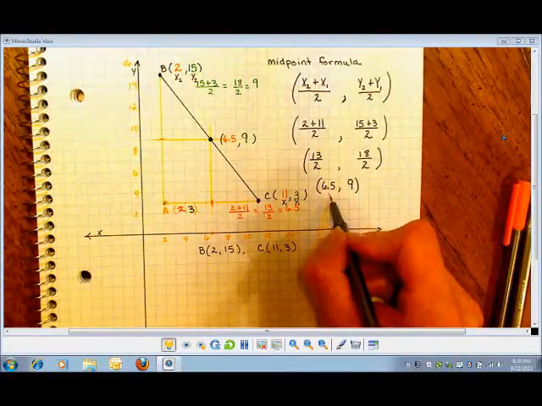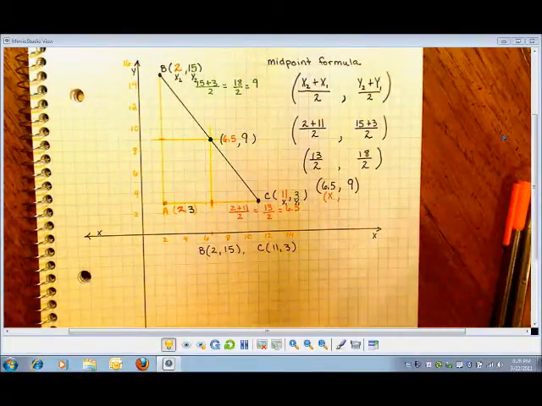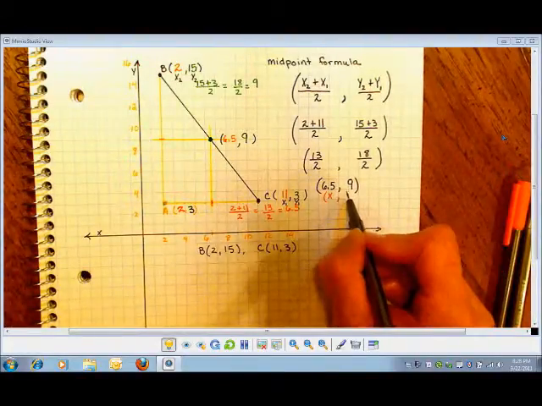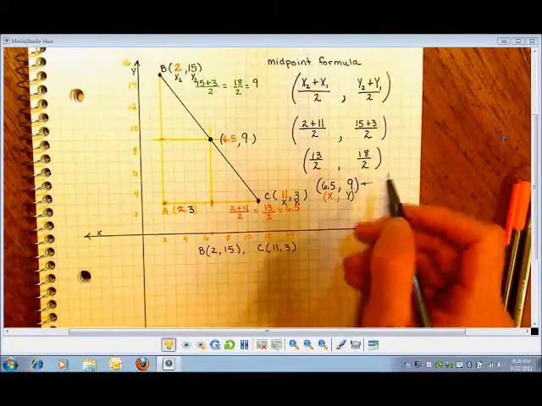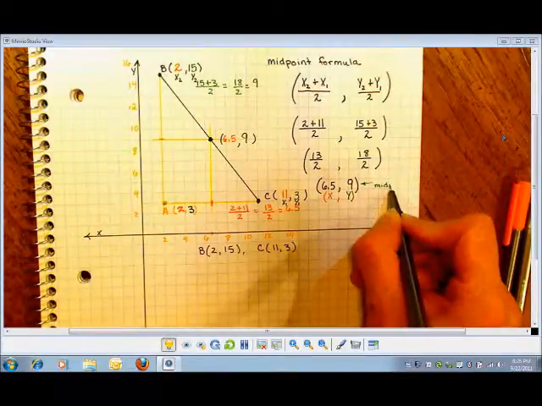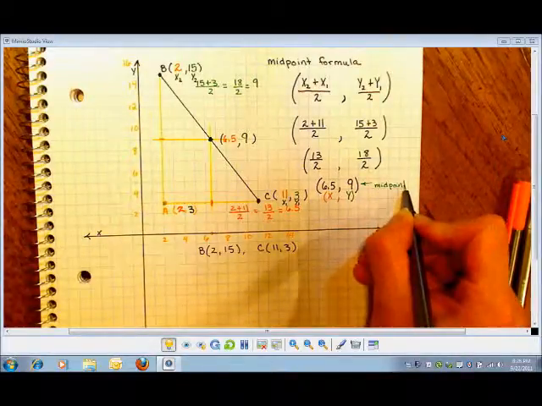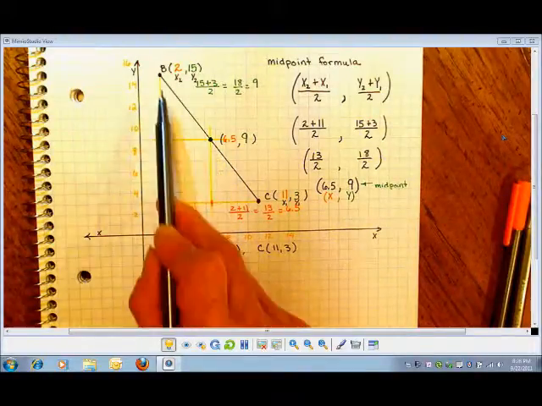So this was my x coordinate, and this is my y coordinate. And that point right there is my midpoint, which is the middle of this line.